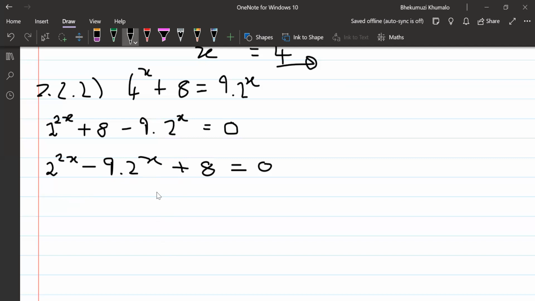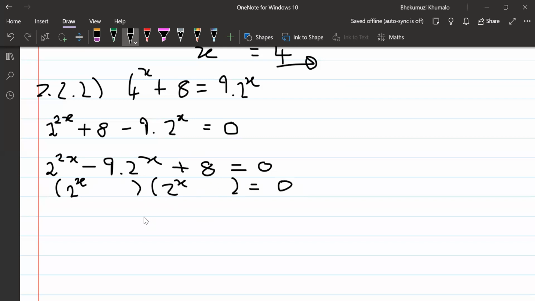That means you have a squared variable on one term and not on the other, so it's still a quadratic. You would write 2 to the power x like that, 2 to the power x like that, equal to 0. Then you go to 8 and ask, what are the two numbers that multiply together to give me 8? But again, you could also use the quadratic formula.